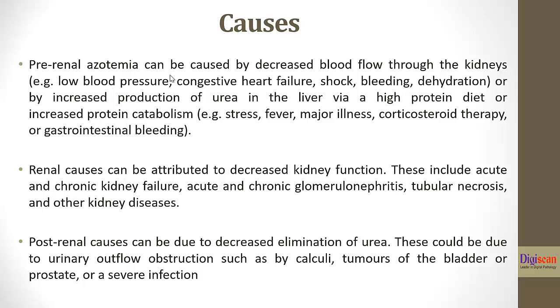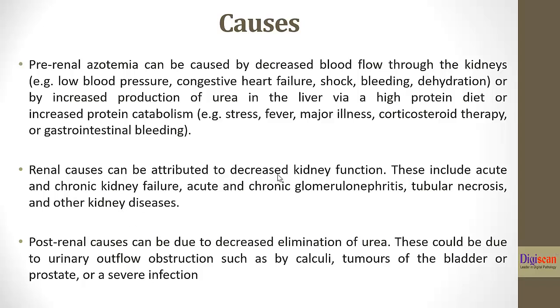Prerenal azotemia can be caused by decreased blood flow to the kidneys, as seen in low blood pressure, congestive heart failure, shock, bleeding or dehydration, or because of increased production of urea in the liver because of a high protein diet or increased protein catabolism seen in stress, fever, major illness, GI bleeding or steroid therapy.